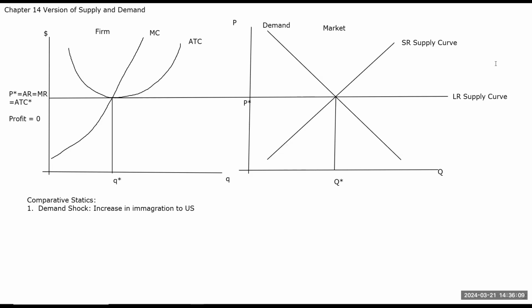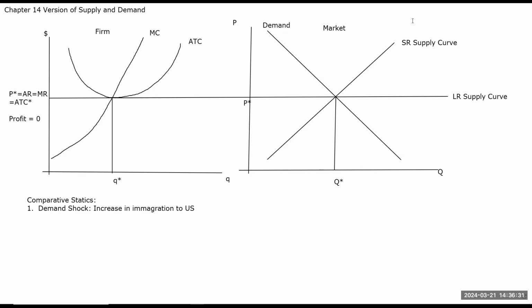In the chapter 14 version of supply and demand, we're going to have a short run effect and a quote unquote long run effect. So we're going to see what happens to the market and what firms do in the short run, and then eventually what happens in the long run.